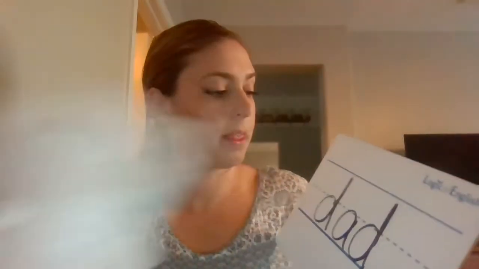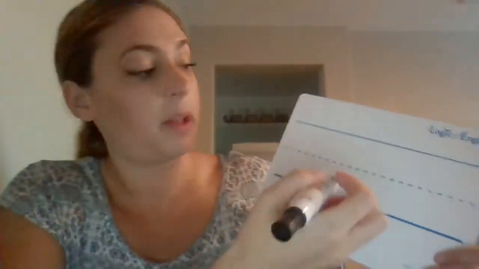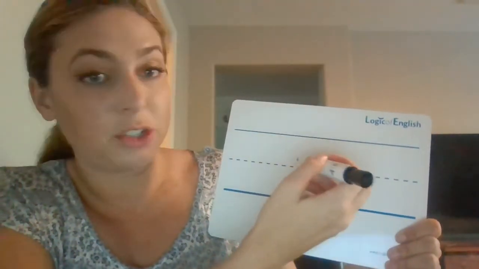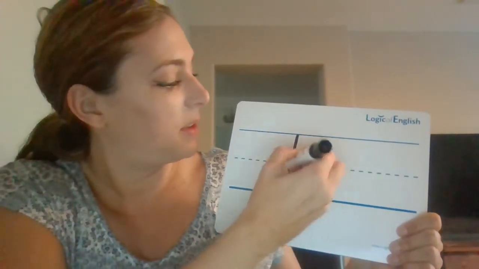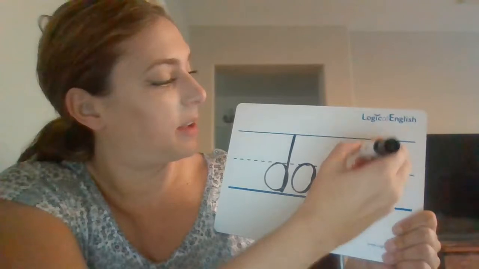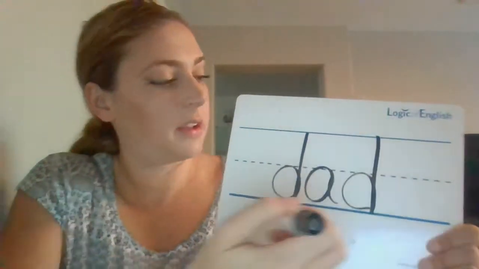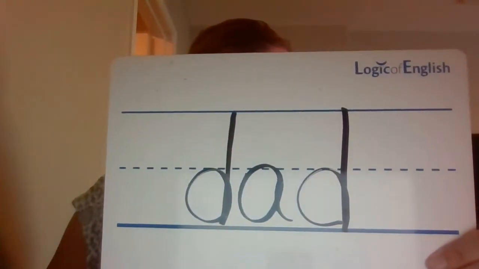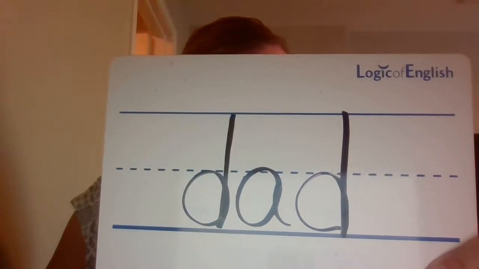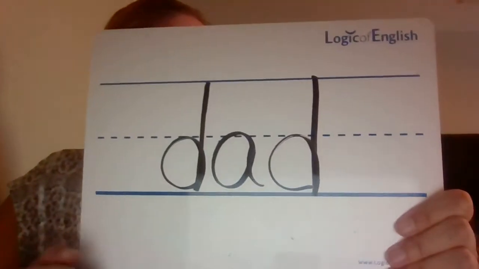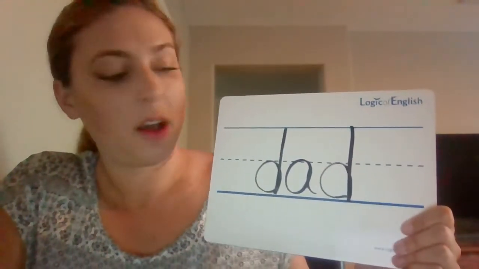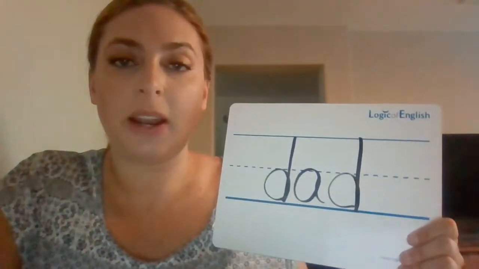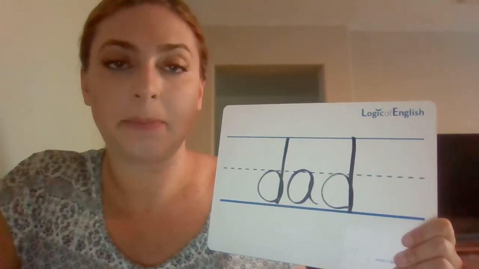Okay. Good. Now I'm going to write it one more time. You at home, say the sounds as I'm writing each letter, please. Are we ready? Okay. D, dad. Good. Let's read it together. Dad. On your paper at home, please write the word dad one more time.